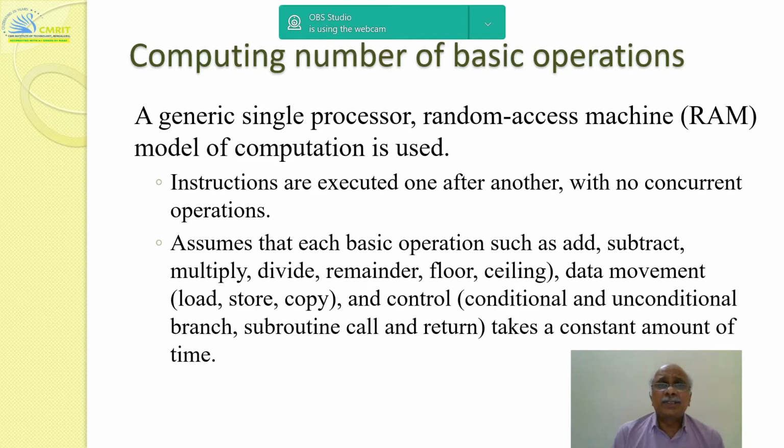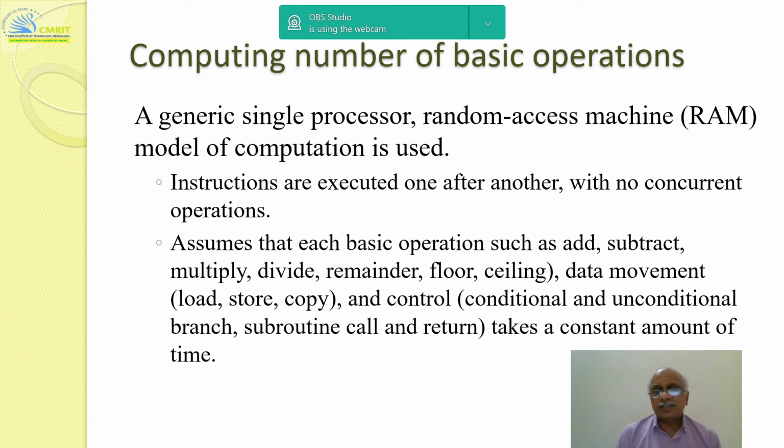Now we make certain assumptions when we do this. We use a model called the random access machine model, where we assume that we use a single processor. Instructions are executed one after another. So we assume that there are no concurrent operations. And also we assume that each basic operation takes the same amount of time, whether it's adding two integers, or multiplying two floating point numbers, or a statement which involves addition plus multiplication.